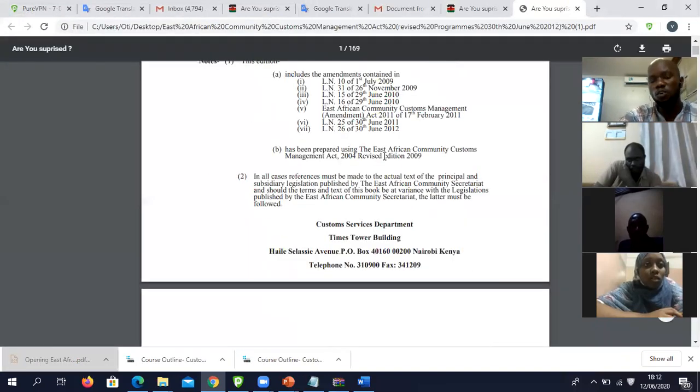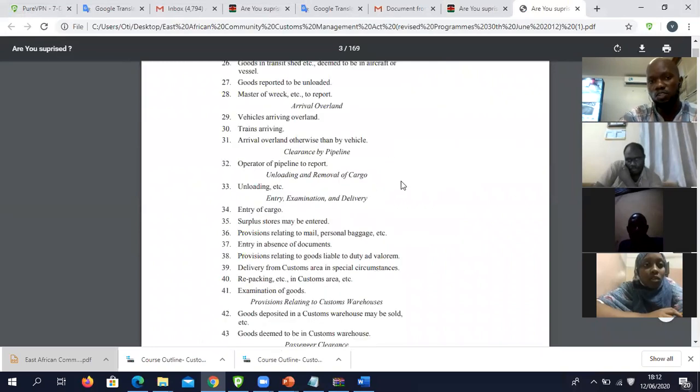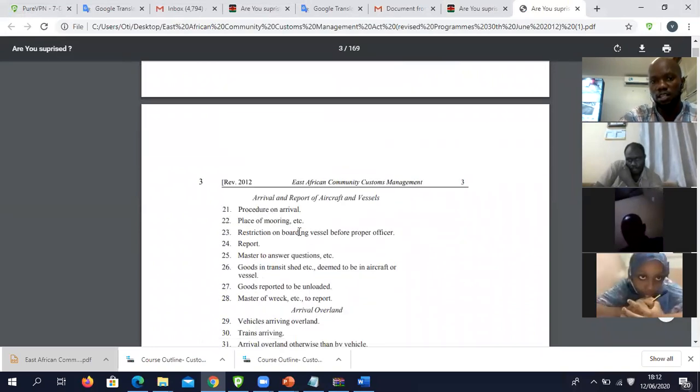Now, when I open my hard copy, I've said it's from section 21 to 28, isn't it? So 21 to 28, arrival and report of aircraft and vessels. 21, procedure on arrival. 22, place of mooring. 23, restrictions on boarding vessels before proper officer.